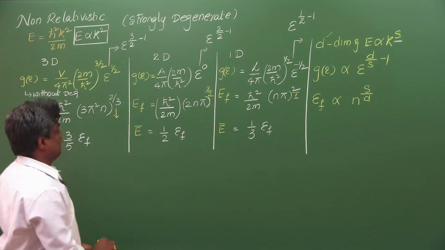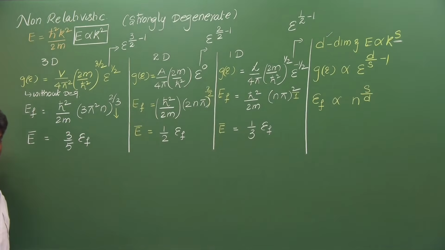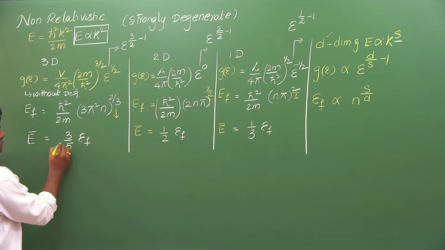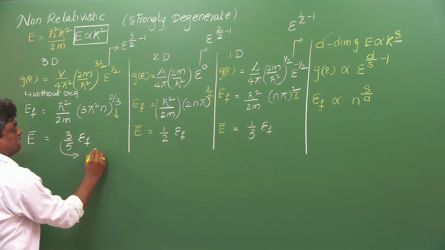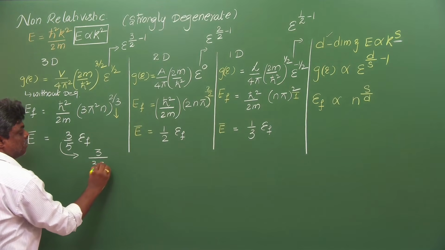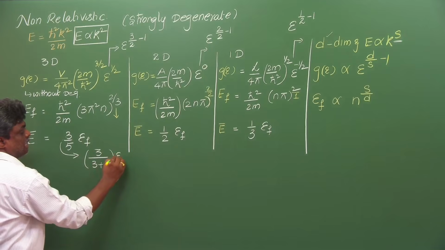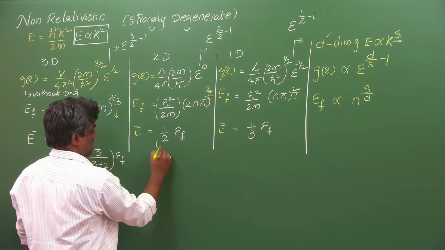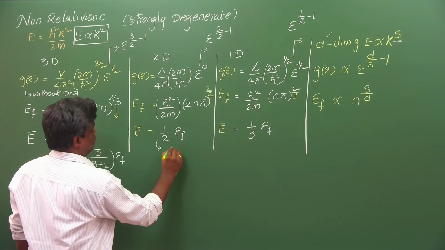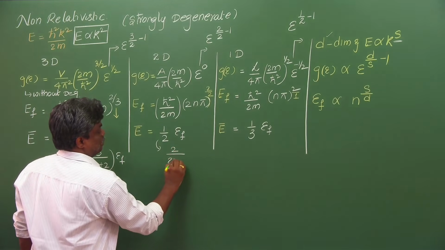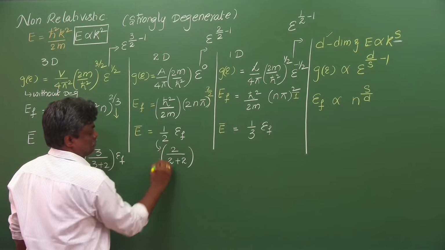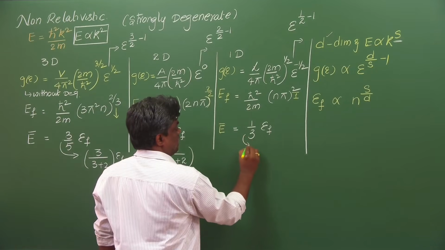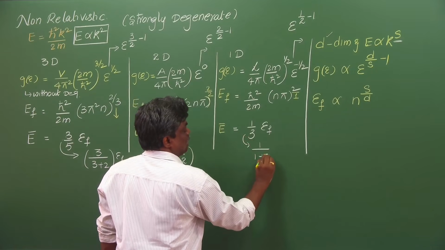Okay. Next, come to this. Ready? So 3 dimension. What is the answer? 3 by, I am writing this, 3 by 3 plus 2. Shall I? Okay. Next, this one I am writing 2 by 2 plus 2. Shall I? Next, this one I am writing 1 by 1 plus 2.